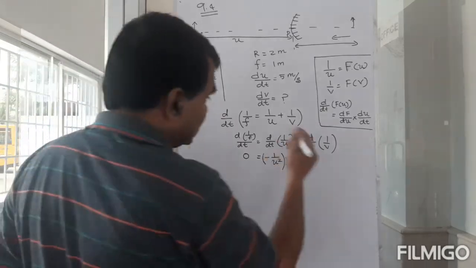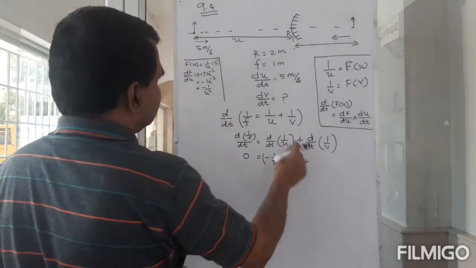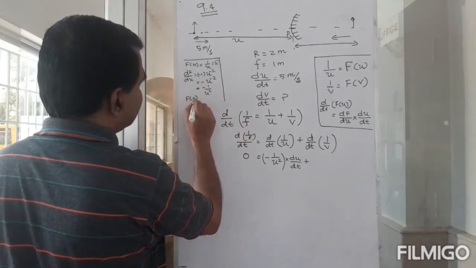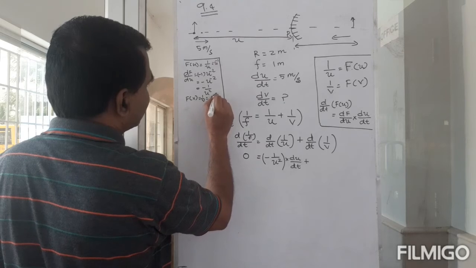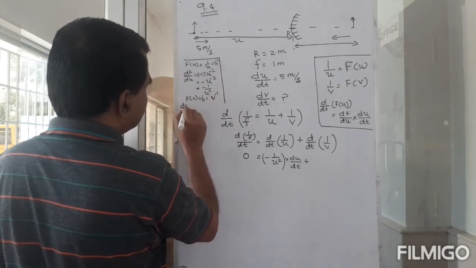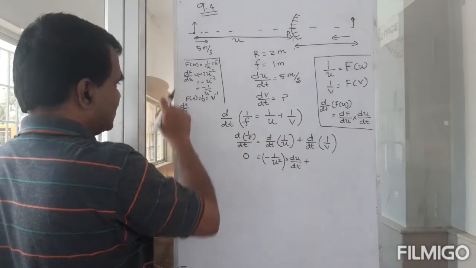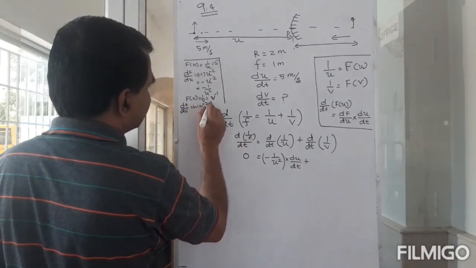Again, let me come to this. f of v is equal to 1 by v, which is v to the power minus 1. If I do df by dv, differentiating f with respect to v, that is going to be minus 1 times v to the power minus 2.